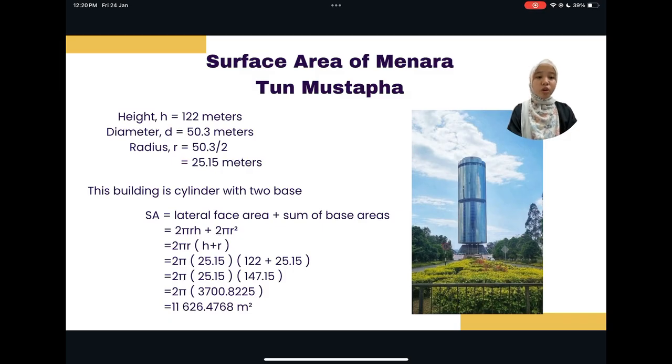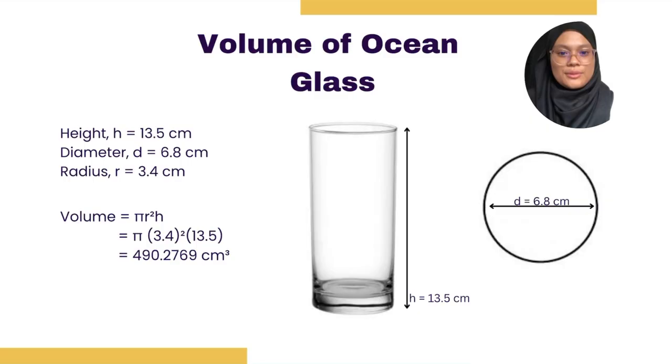The formula is lateral face area plus the sum of base areas, which is 2 pi r h plus 2 pi r squared, and we can simplify the formula into 2 pi r multiplied by h plus r. After we substitute the values into the formula, the surface area of this building is 11,626.4768 meters squared.